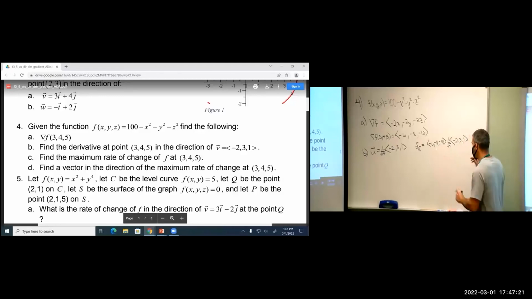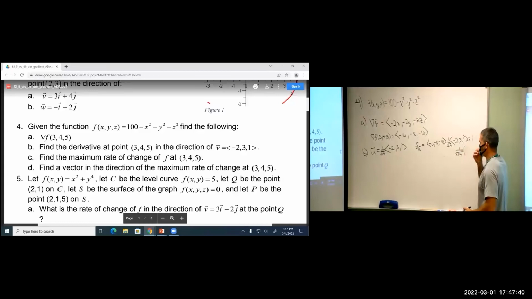The 1 over root 14, you can keep it in there, or you can put it along the components. Again, our final answer is going to be a scalar. Over root 14.